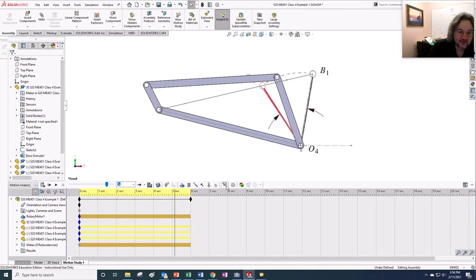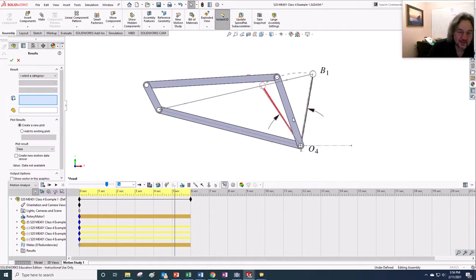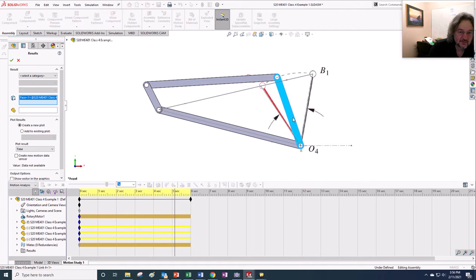And if we take a look at the angular velocity of this part right here, we'll take the z component of it, and let's put it to that as the reference.